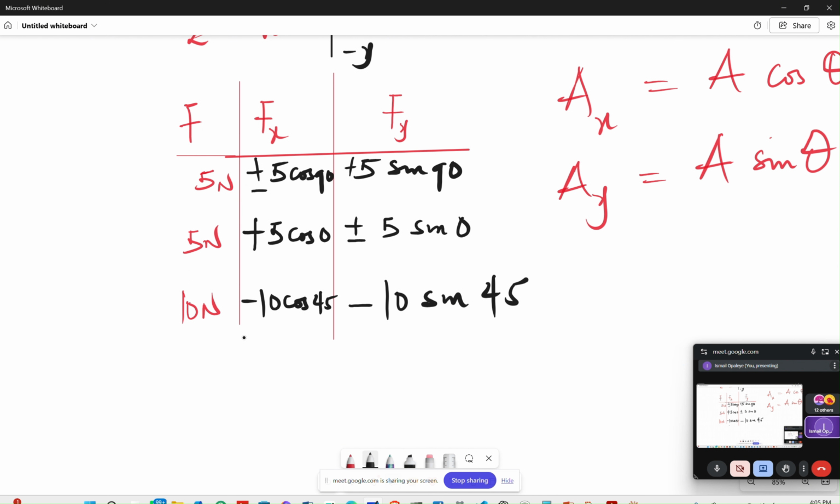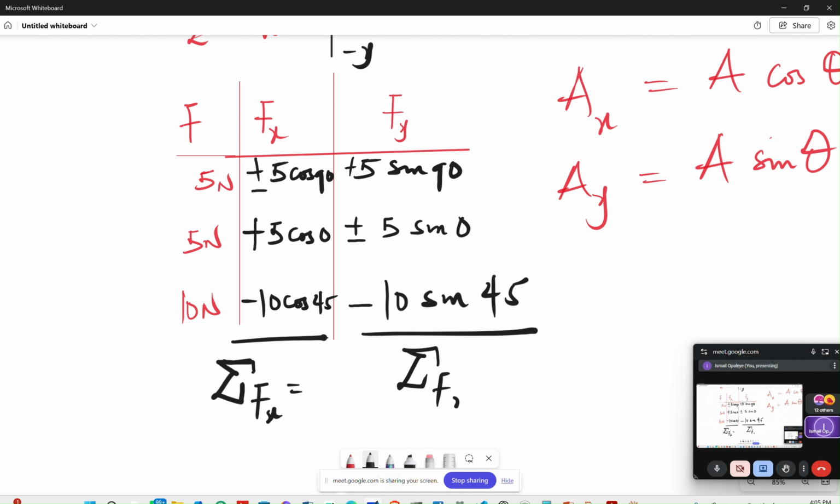So you want to compute them together. The value you get here, we call it summation f of x, is equal to what? And the value you get here, summation f of y, is equal to what?